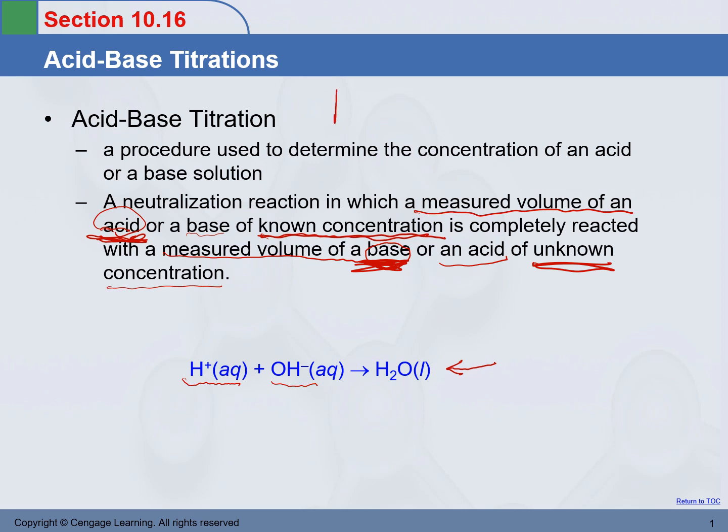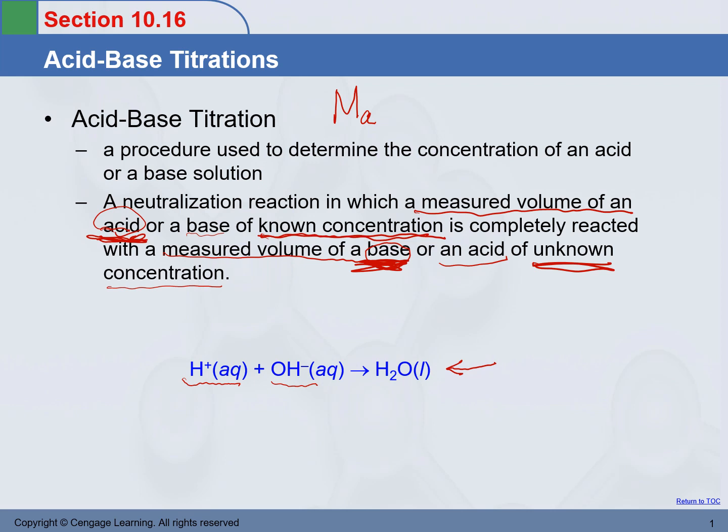Let's say we know the molarity of the acid. I'm using lowercase a to represent that's the concentration of the acid solution. So we know the concentration of acid. Then we're going to react some volume of this acid with some volume of the base with unknown concentration.